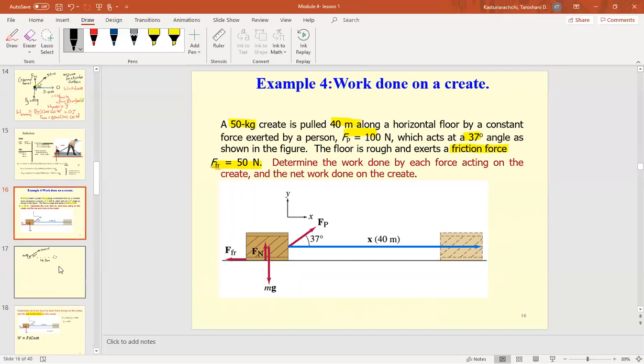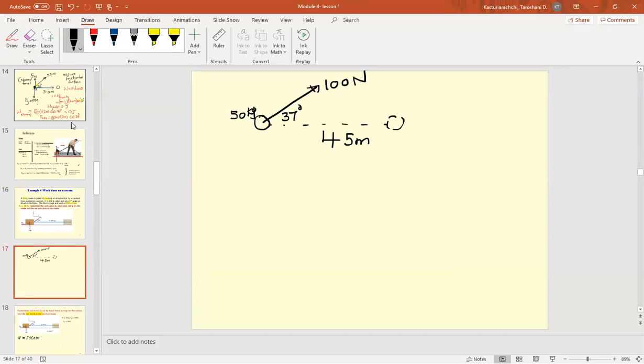Okay, and this is rough because this matters. This matters because, all right, now let's figure out the other forces.